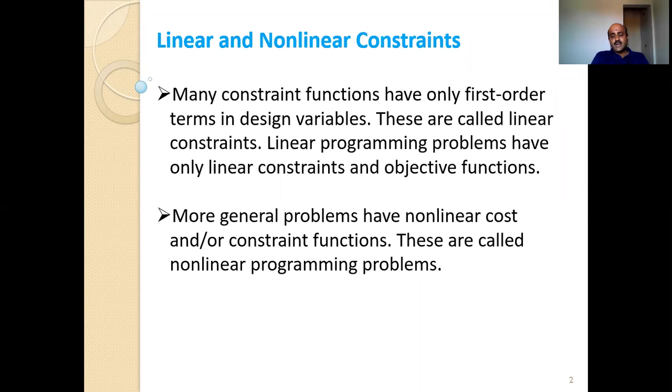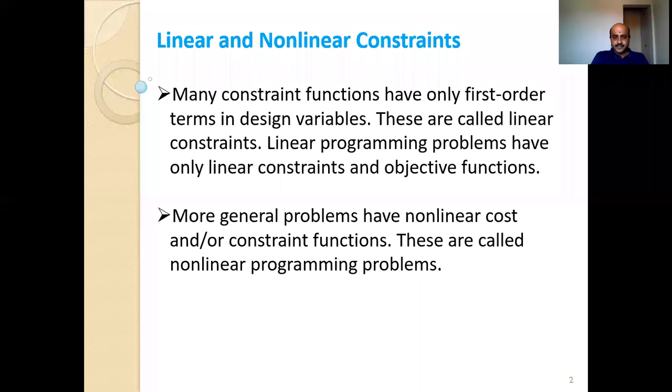So basically, for the cantilever beam or the can, we discussed certain constraints yesterday, and how these constraints are related to the design variables. We need to relate the constraints with the design variables, and if that relationship is of first order, then we call such constraints linear constraints.